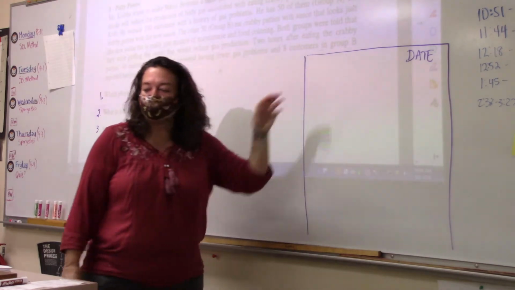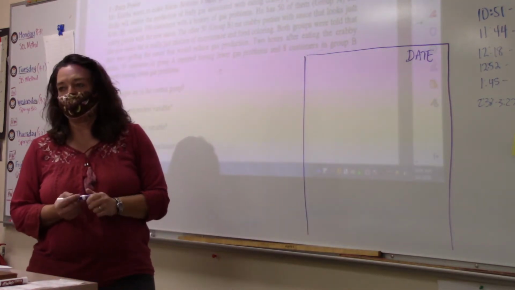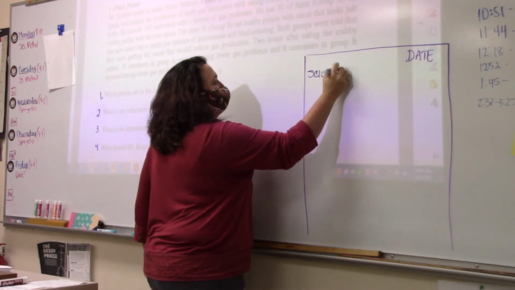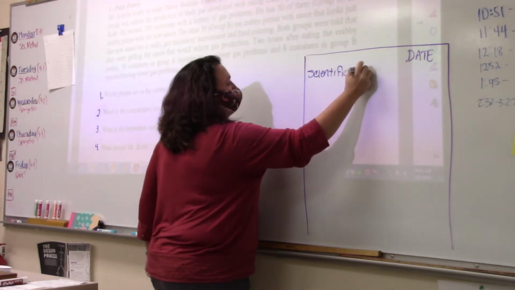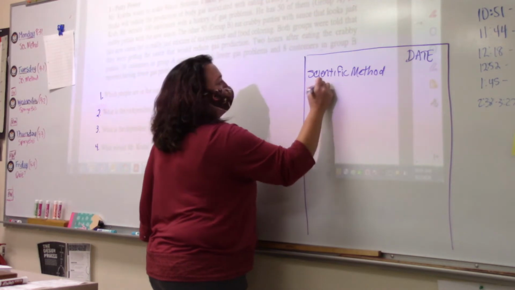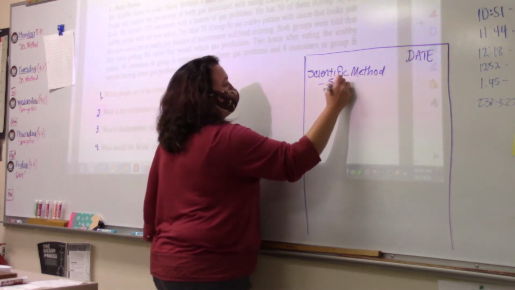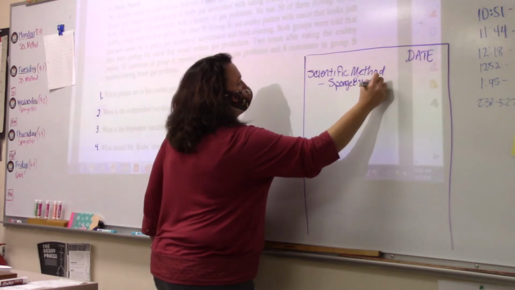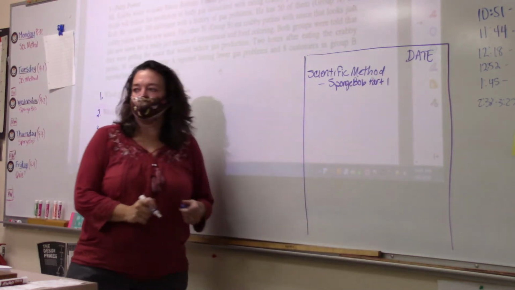Our heading for today's assignment is scientific method. So you're going to write scientific method. The subheading is SpongeBob Part 1, which is the heading on your paper.